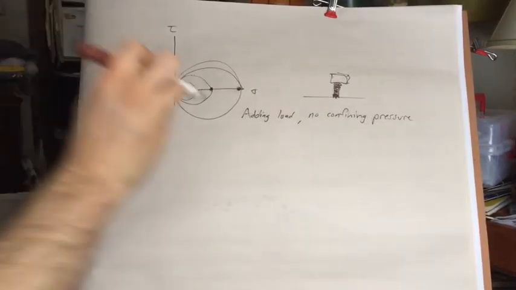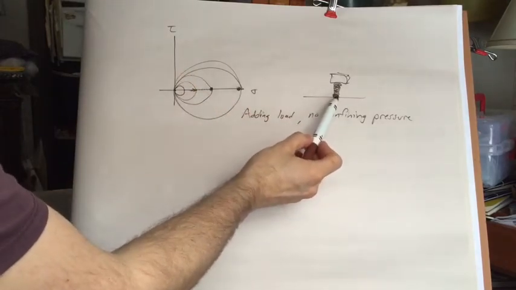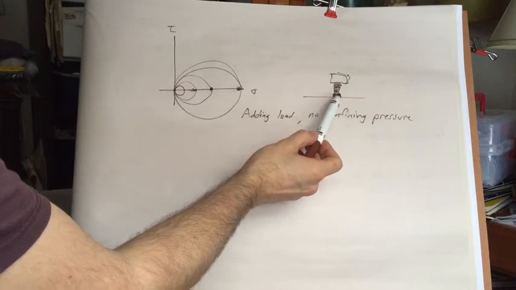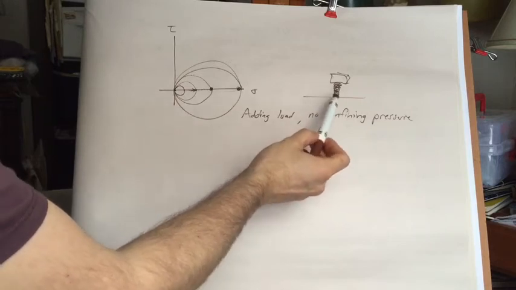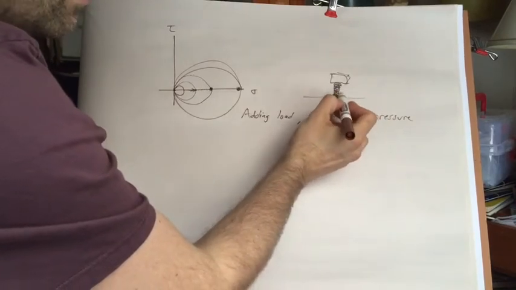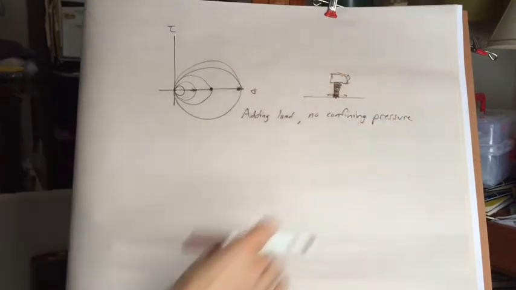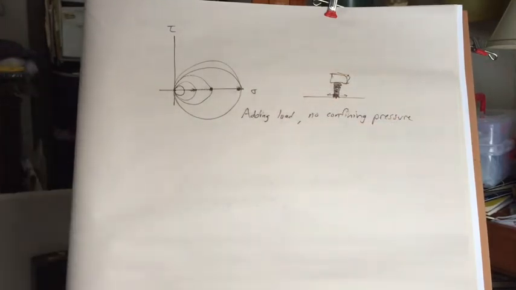Basically, that means if this stuff was viscous, if it could flow, then it's completely free to move in that direction if it wants to spread out. There's nothing holding it back.